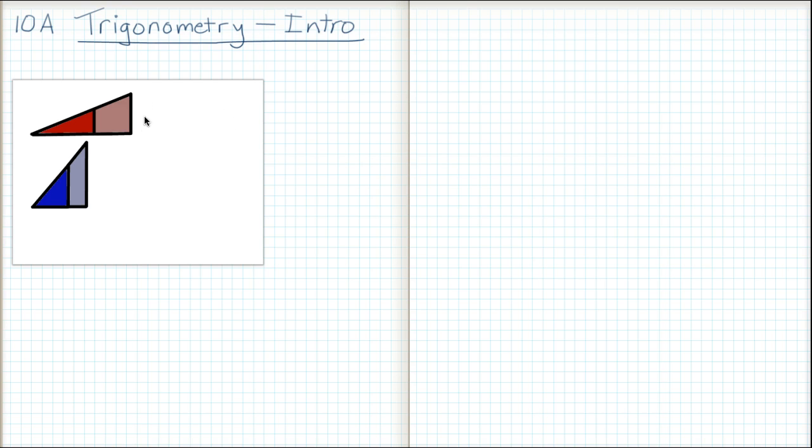But trigonometry really is nothing other than saying if I have lots of similar triangles that all have right angles, like down here, and also in the blue ones down below.